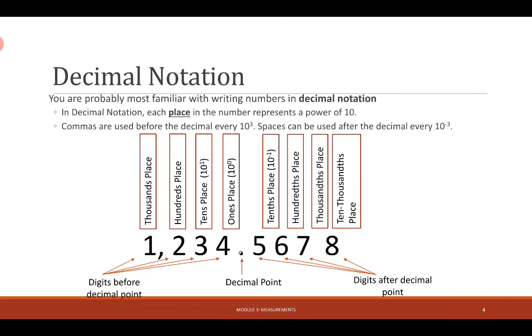In other countries, it's not a decimal point, it's a comma, but in the United States, that is a decimal point right there separating the ones place from the tenths place. Every single digit in this number has a place that tells us what it represents. So the 3 is in the tens place, making sure that this would represent 30, not 3.